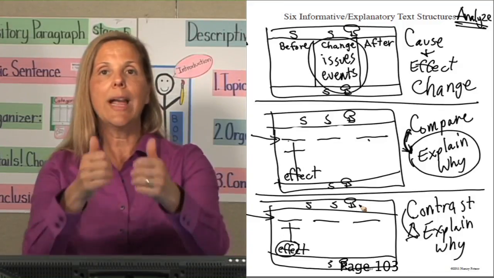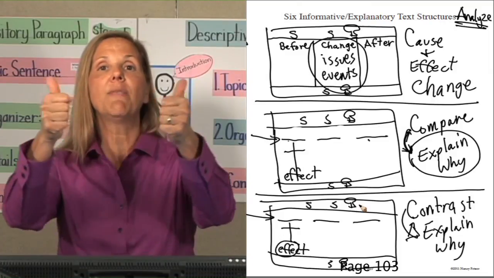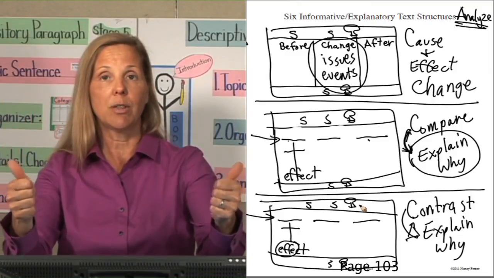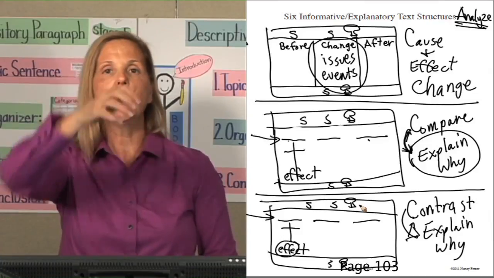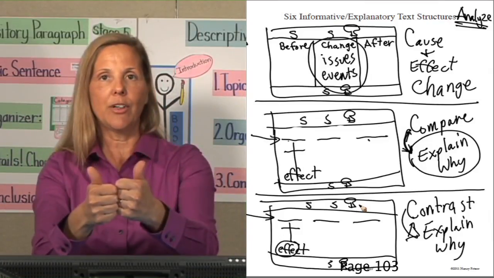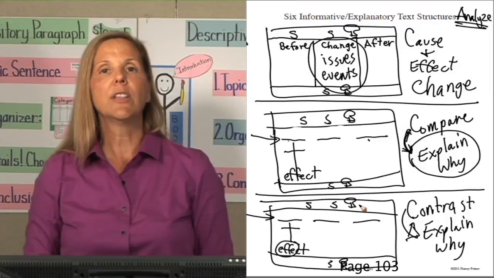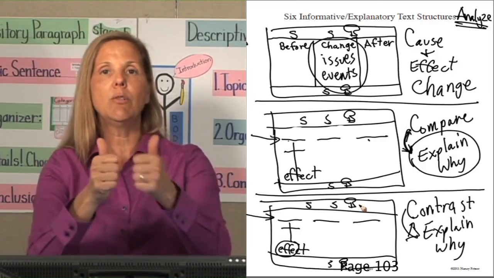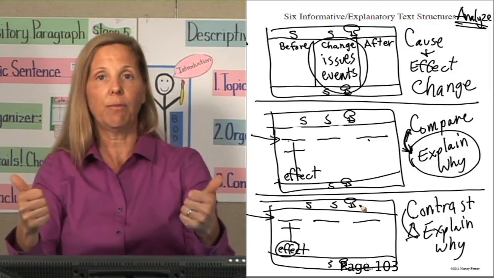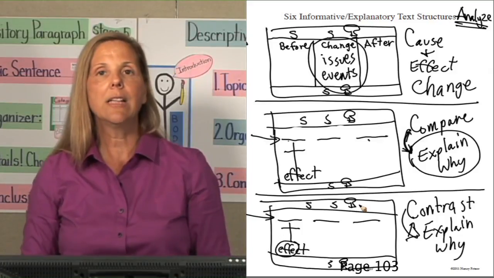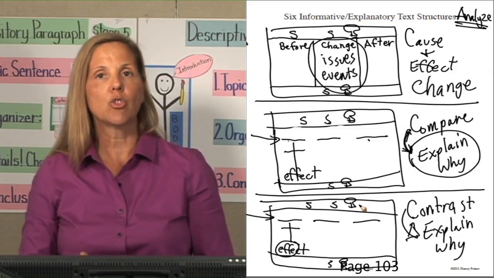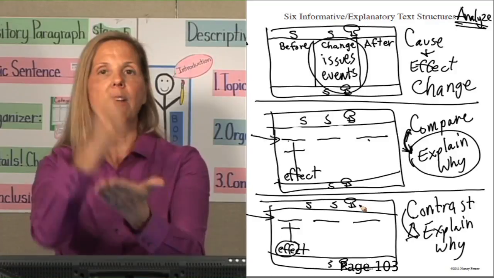If we're going to contrast, then we're going to show how they're different from each other under this attribute. For the compare, attributes, compare how they're similar to each other. If it's a contrast, identify the attributes, contrast how they're different from each other. And finally, once you either compare or contrast, then you're going to show the effect.